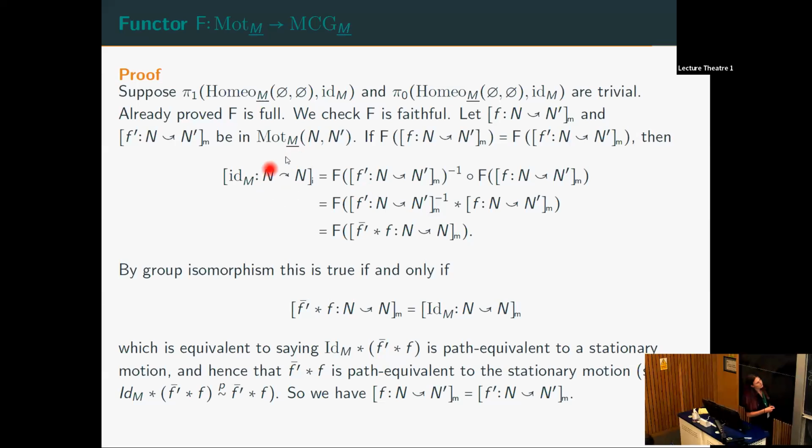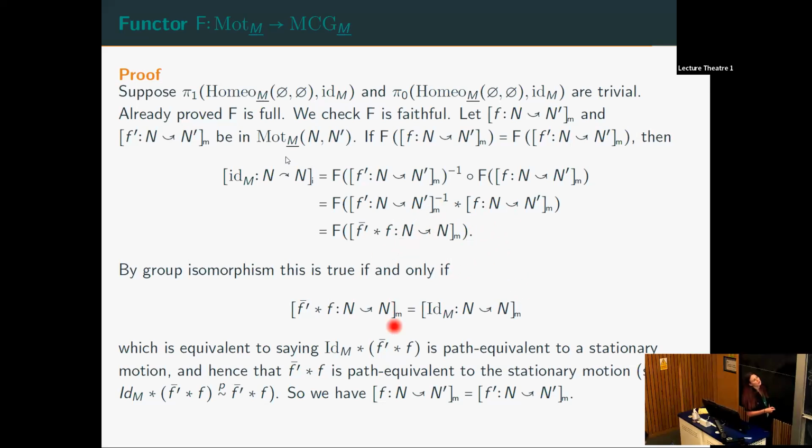It means that they're equivalent to the identity, and then we can just use that this is a functor to change this to a star composition in the motion groupoid, and then apply the star composition and use that our inverse is this f prime bar. So we get f prime bar star f, and now we've got a motion from n to n.